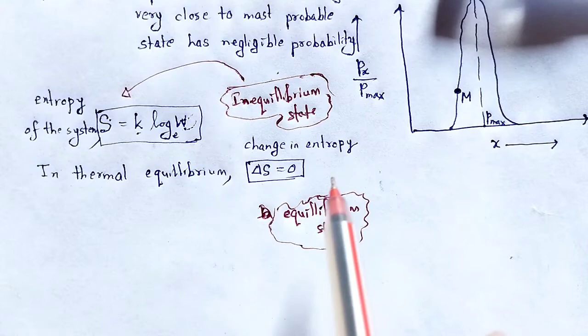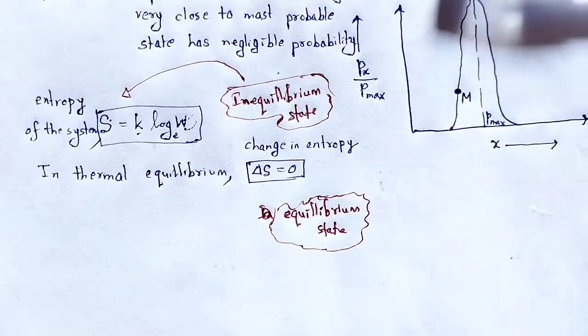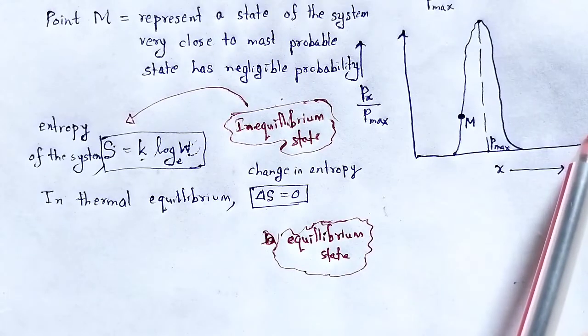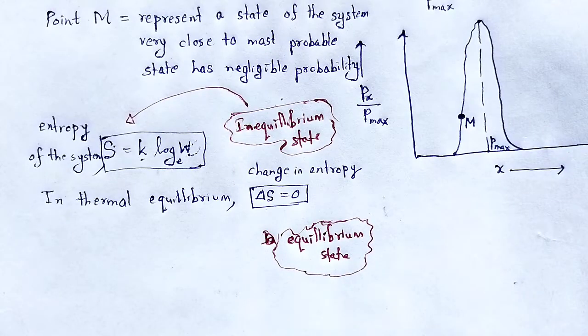Once the system attains the equilibrium state, it can't go back to an inequilibrium state. Hence, that process is said to be an irreversible process.